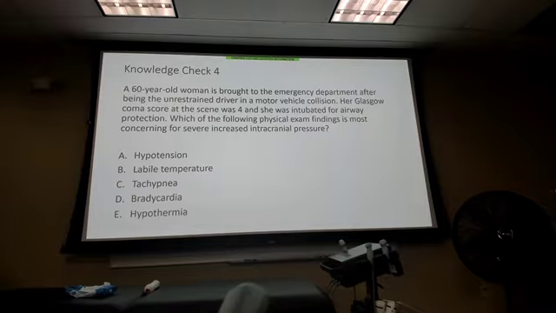You'll have hypertension, but if you have hypotension, that means it's a late finding, and it means it's already probably herniated. That's why putting somebody on pressors to keep their MAPs up is so difficult sometimes, trying to keep them from being hypotensive, because it's a late finding of herniation. So the answer is bradycardia, but if you see hypotension, it's a late sign and something's probably already happened.